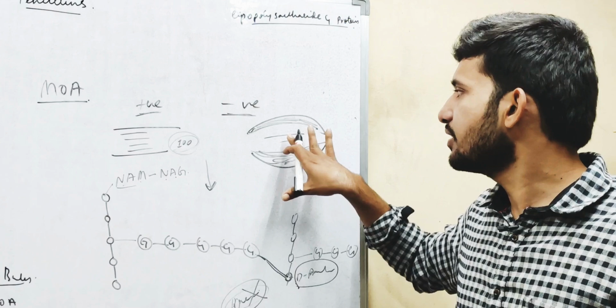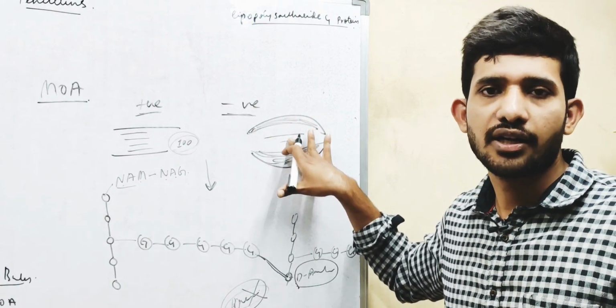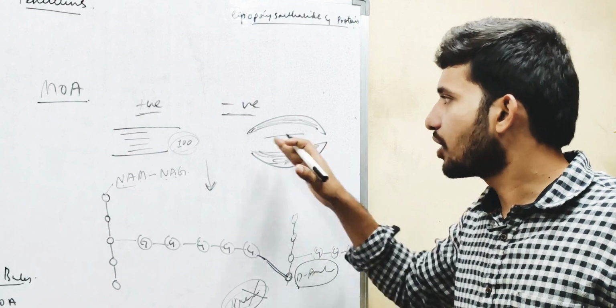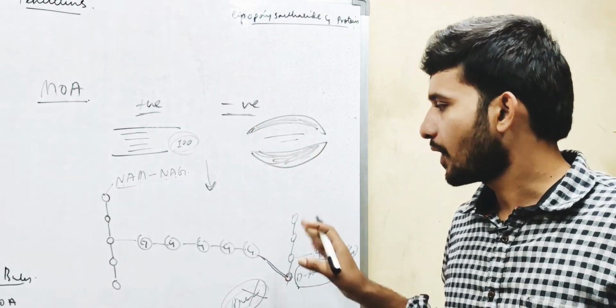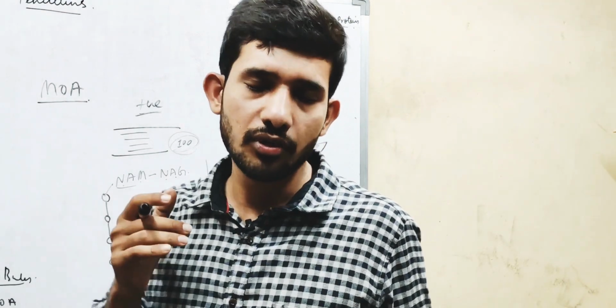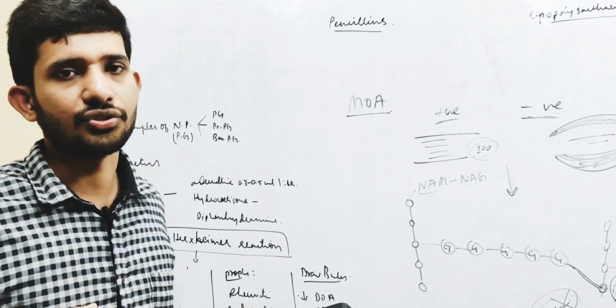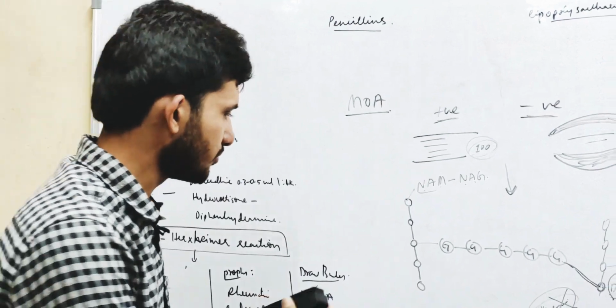That is the reason gram-negative bacteria will not die because of penicillin therapy. So penicillin therapy is very commonly used for gram-positive infections. This is the mechanism.